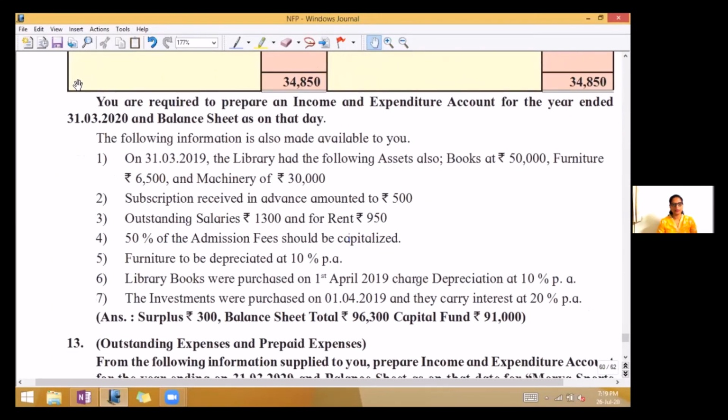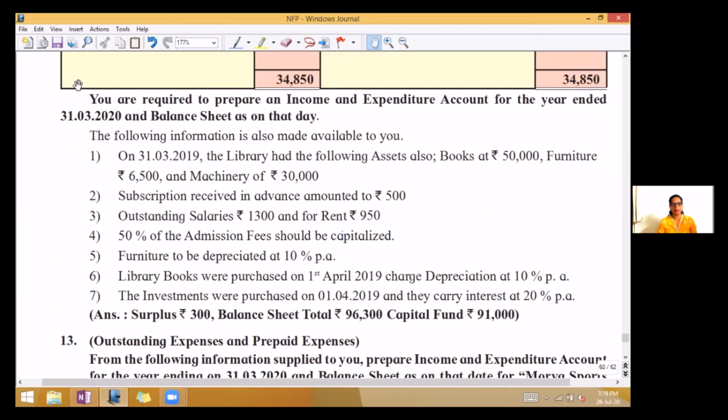You are required to prepare an income and expenditure account for the year ended 31st March 2020 and balance sheet as on that day. The following information is also made available to you.